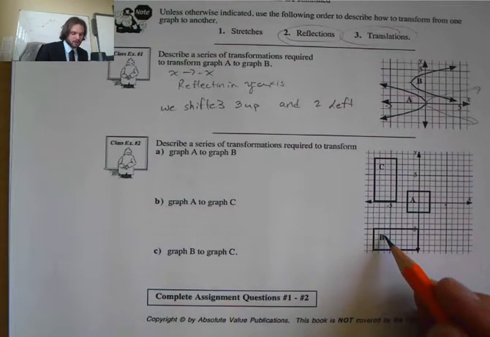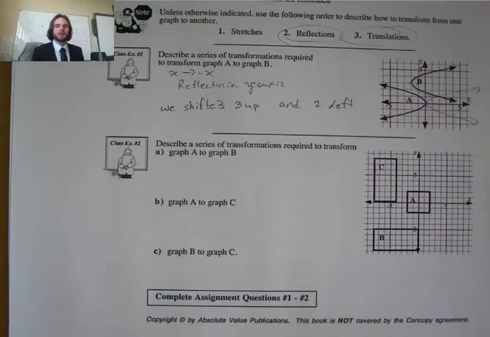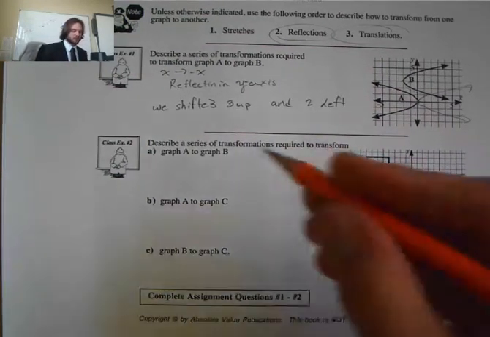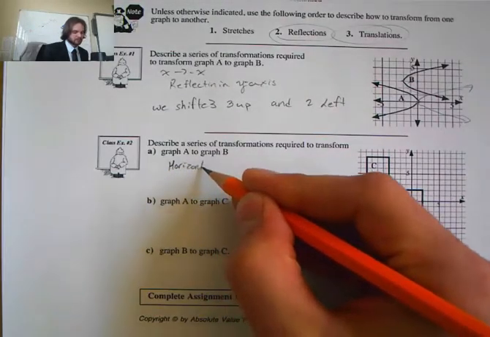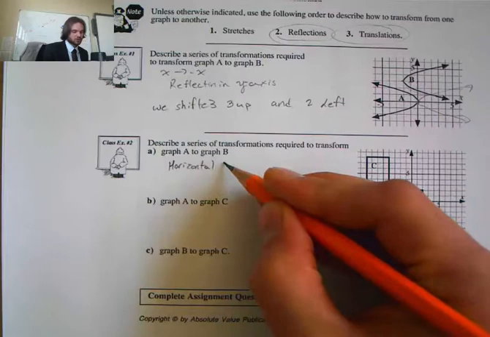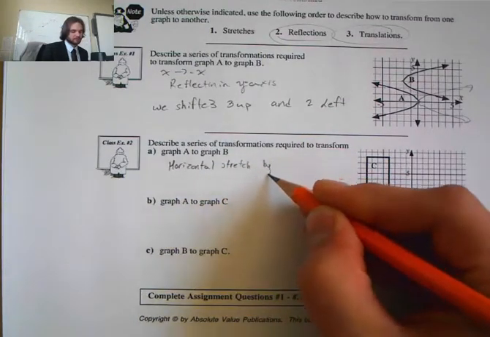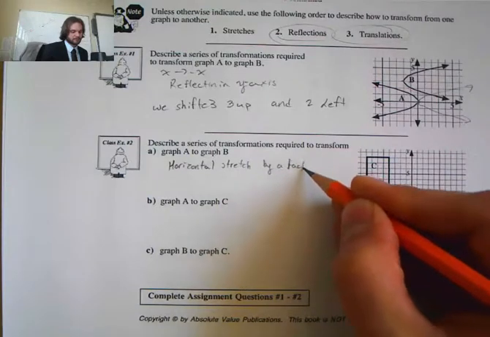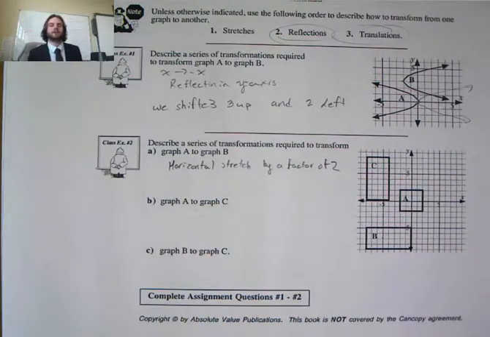Here we get 1, 2, 3, 4, 5, 6, 7, 8. 8 wide. Therefore, there was a horizontal stretch by a factor of 2.